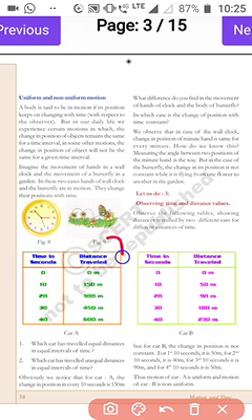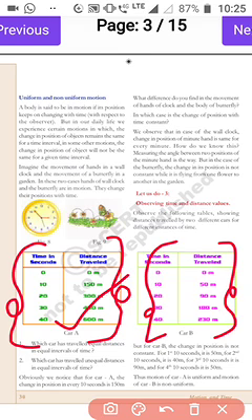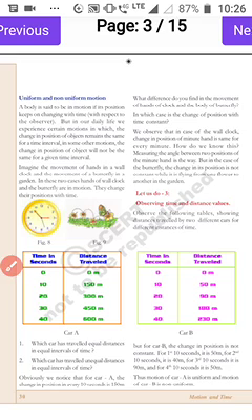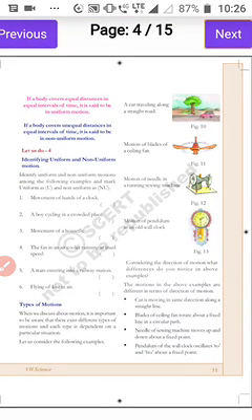When distance traveled is equal in equal time intervals, this motion will be called uniform motion. When time has equal intervals but distance does not have equal intervals, then it will be called non-uniform motion. By seeing these two tables we have to clearly observe what is uniform motion and what is non-uniform motion. If a body covers equal distances in equal intervals of time, it is said to be in uniform motion.